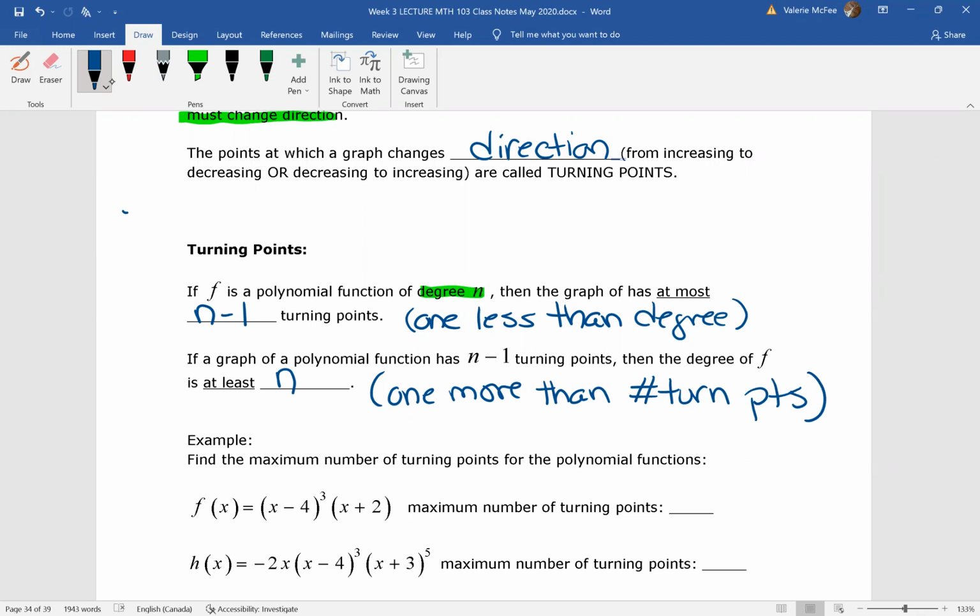Look at these examples. In the f of x, we see that the degree is 4. That means the maximum number of turning points is 3. Can you find the maximum turning points for the h of x?